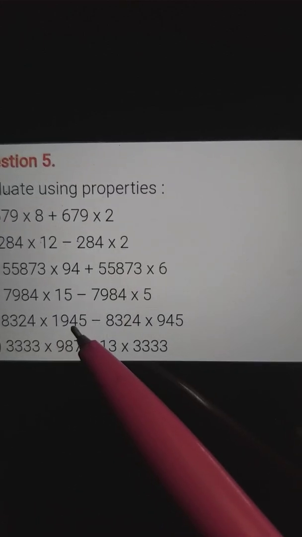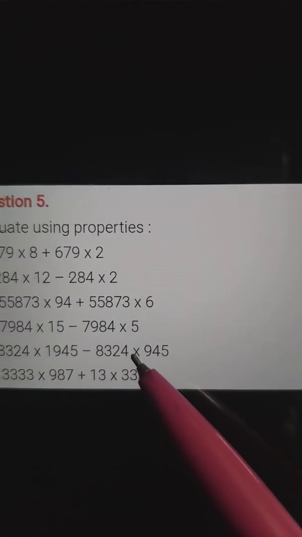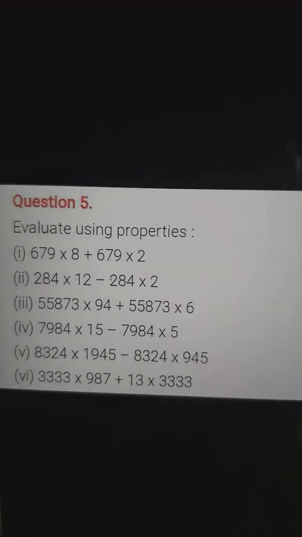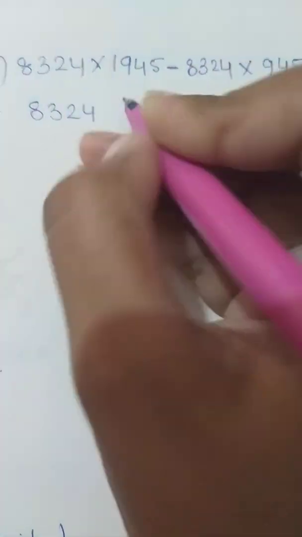So I repeat, 8324 multiplied by 1945 minus 8324 multiplied by 945. Says the question, 8324 multiplied by 1945 minus 8324 multiplied by 945. So I can see the number in common, that is 8324. Then the remaining numbers will be put in the bracket, that is 1945.